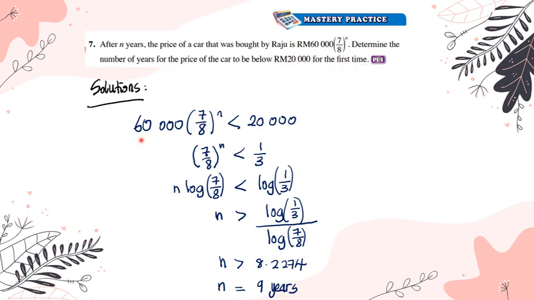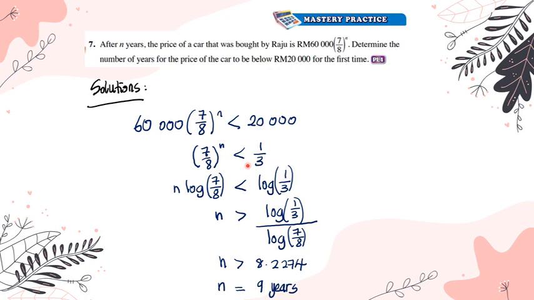So we write the equation function which is 60,000 times 7 over 8 to the power of n, and since we want to know the number of years for the car price to be below 20,000, we write the less than symbol. So less than 20,000, and we divide 20,000 by 60,000. That will give us 1 over 3. So 7 over 8 to the power of n is less than 1 over 3.